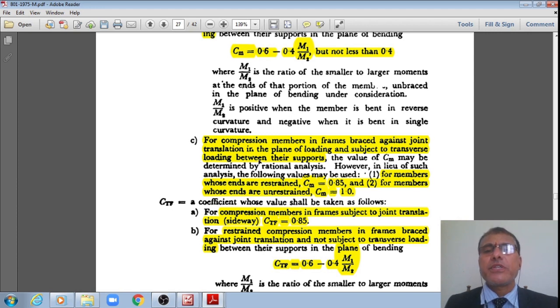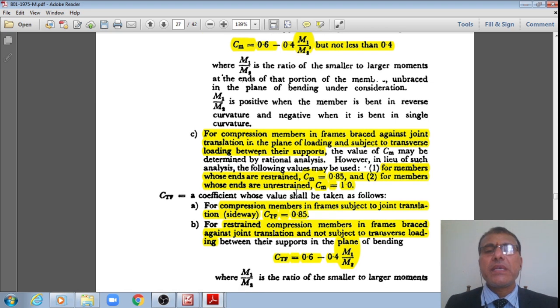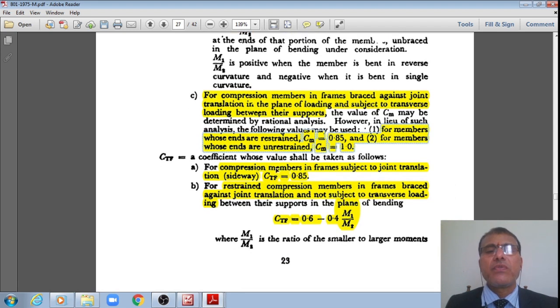Right? For compression members in frames braced against joint translation in the plane of loading and subject to transverse loading between their supports: for members whose ends are restrained, Cm is equal to 0.85. For members whose ends are unrestrained, Cm is equal to 1.